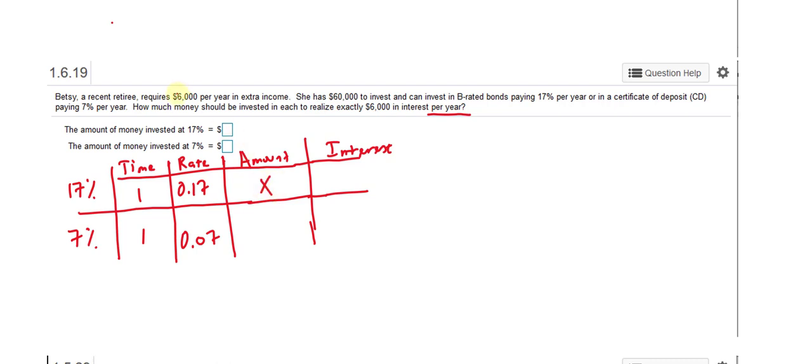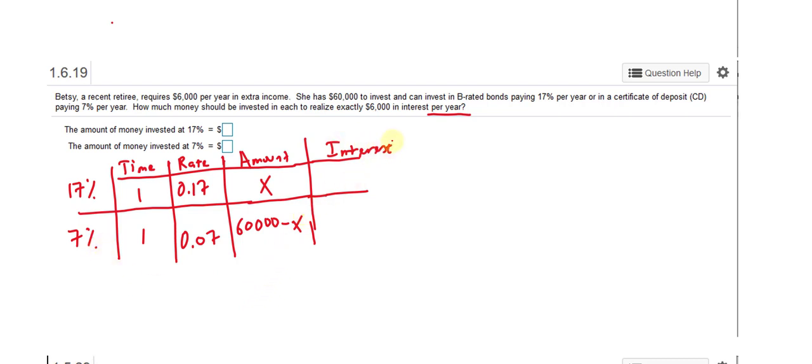But we know that the total she has is 60,000, so she has 60K to make the investment. So if she puts some X amount in the 17%, then the rest of the money should be 60,000 subtract the amount of X that she put in this account. So that is the amount for the 7% account.